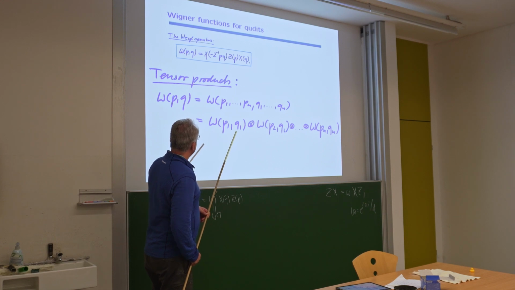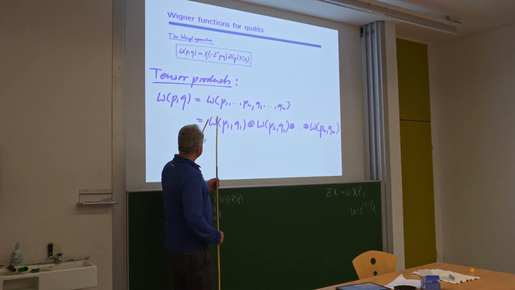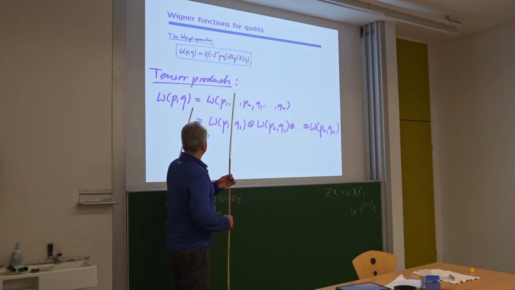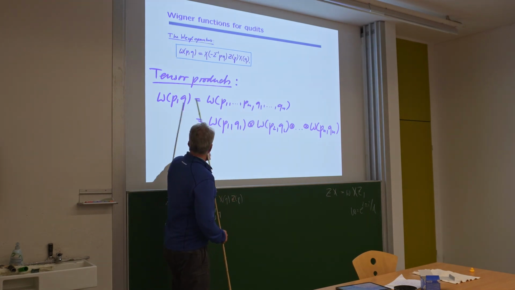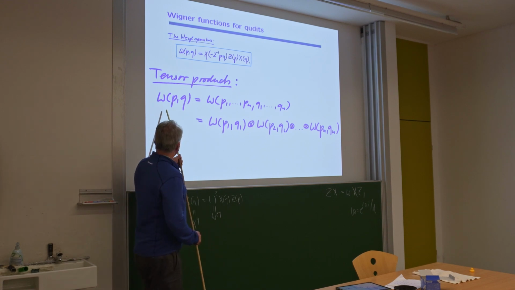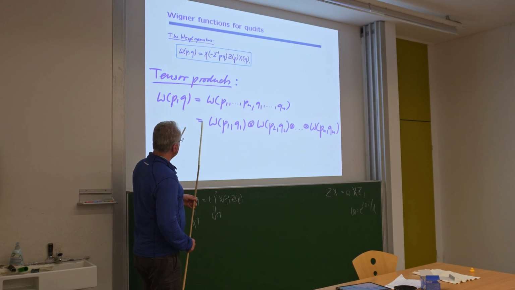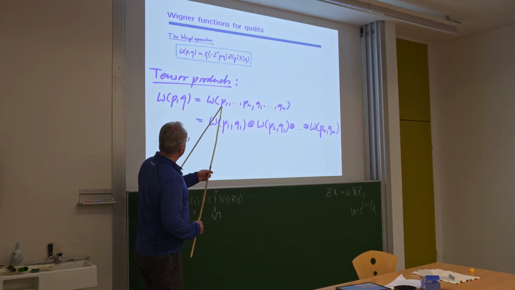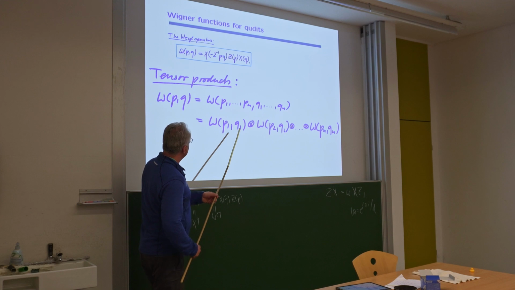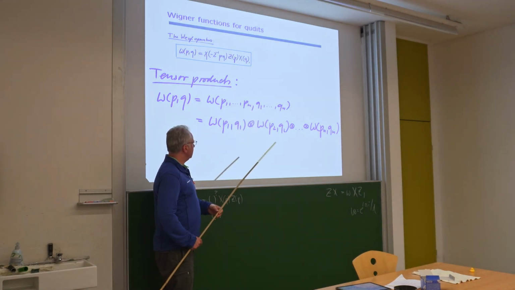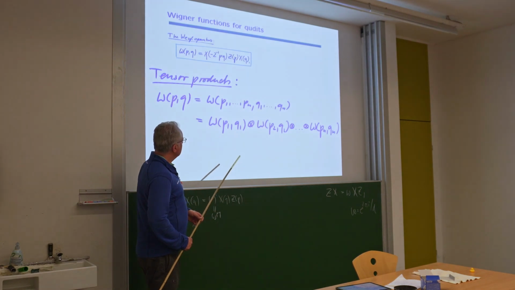But before we get to that, so far we were considering just one single system, and now we have many. Let's say we have n d-level systems stacked together, then we can define Weyl operators for this multitude of systems too. Now our p part of this vector has n components instead of one, and the q part has n components instead of one.